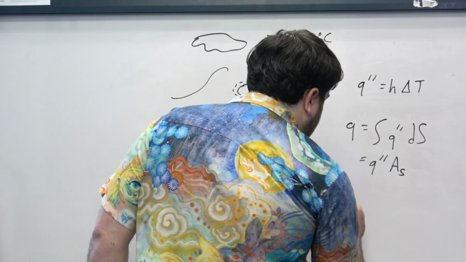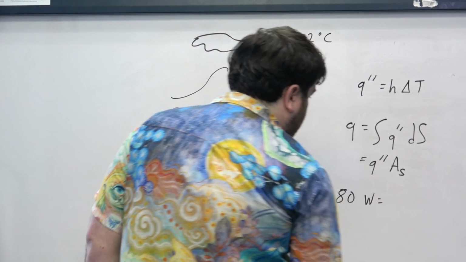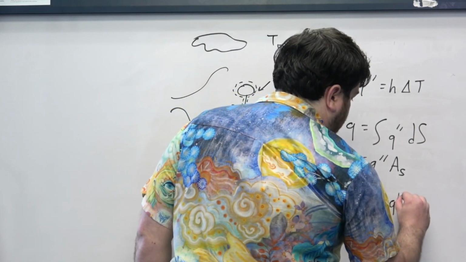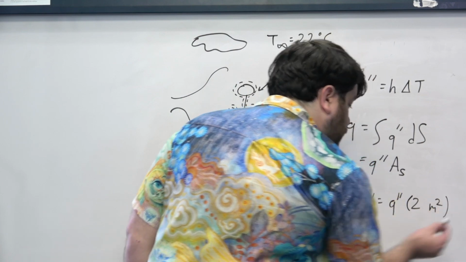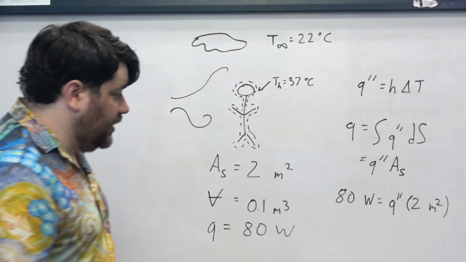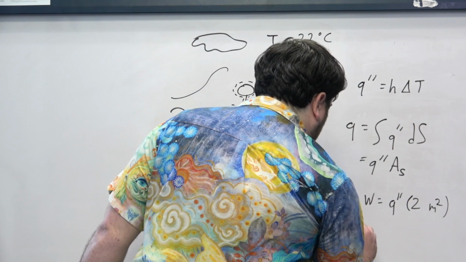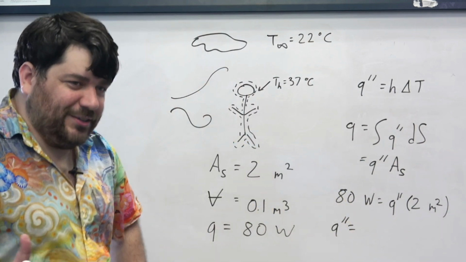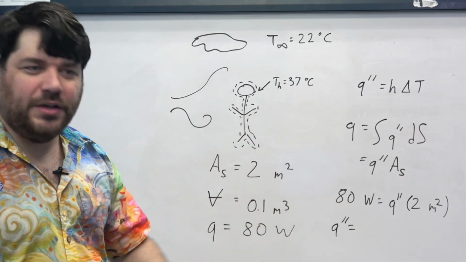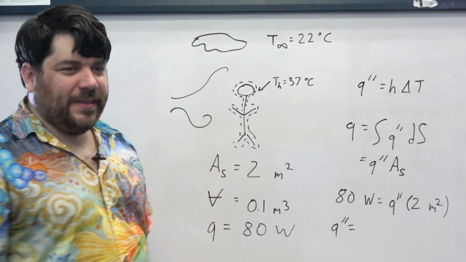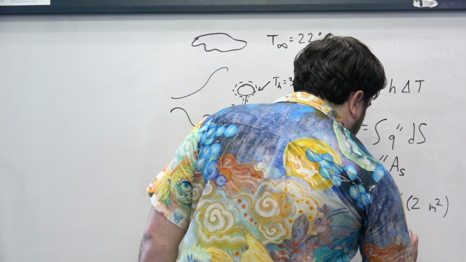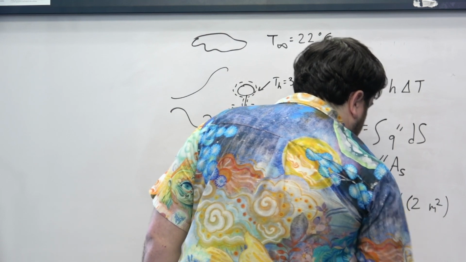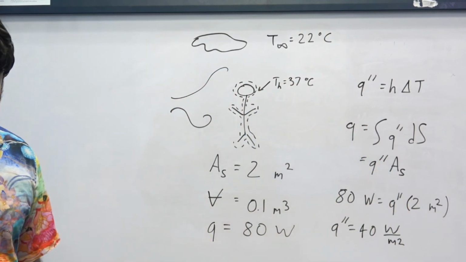We know that 80 watts has to be equal to whatever Q double prime is times 2 meters squared. And so as a result, we can very quickly pull that the heat flux, or at least an average or representative heat flux at any point on the human body is going to be about 40 watts per meter squared. All right?